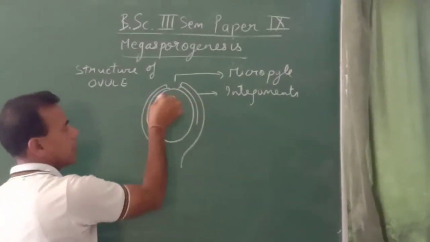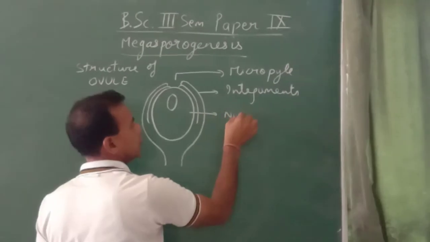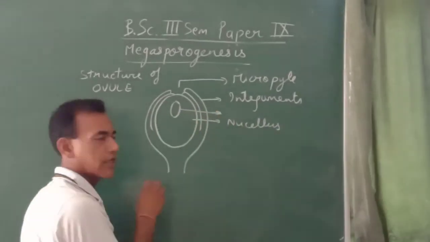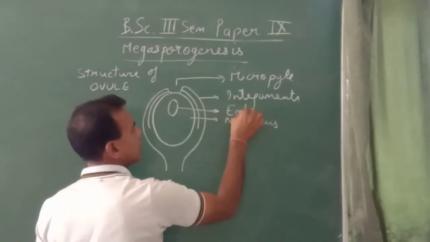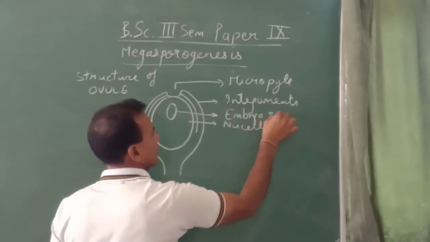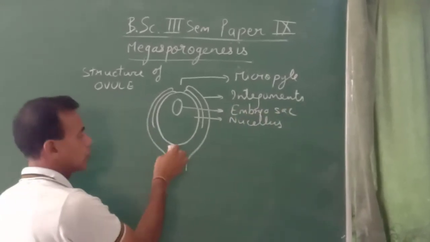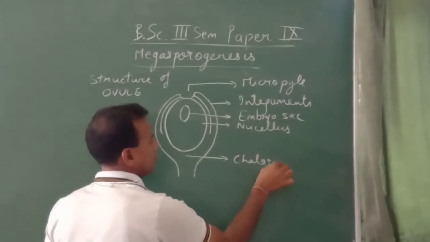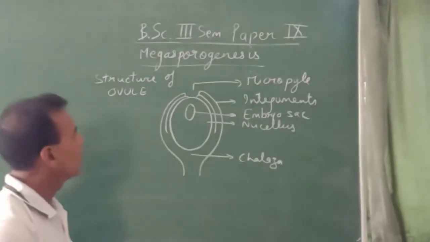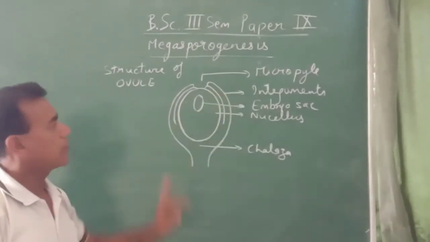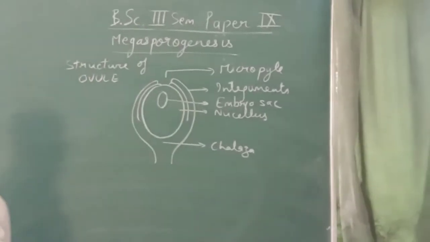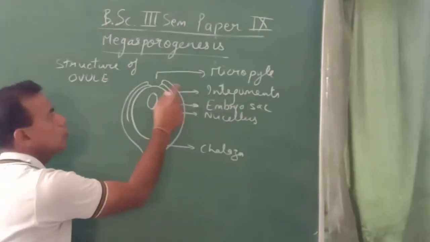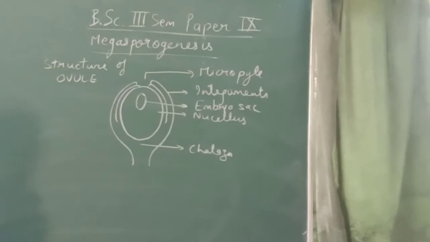This entire inner tissue is known as nucellus, which has the female gametophyte inside it, known as the embryo sac. This, as I told you, is the chalaza, and this is the funicle. Now coming to the integuments, first, the number of integuments may be 2 or 1.